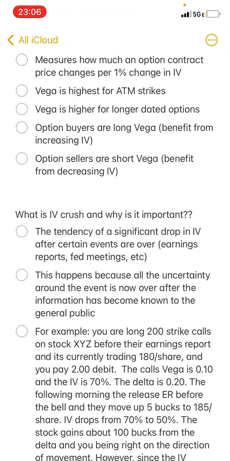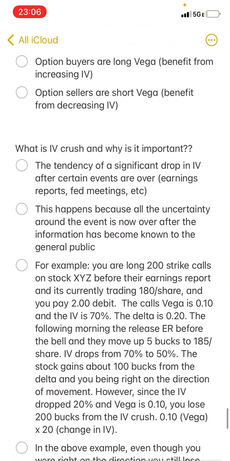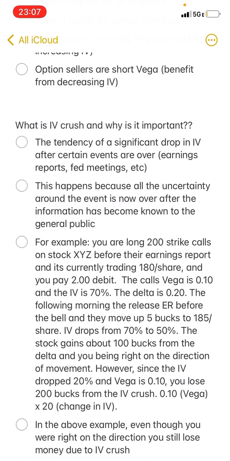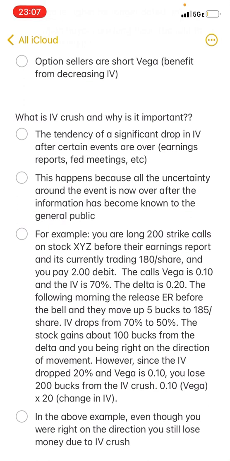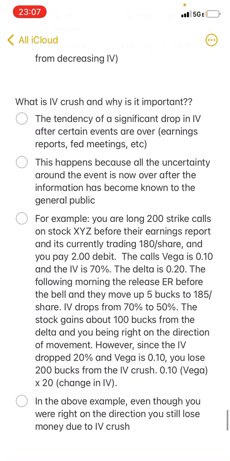So now that we've gone over all that, let's talk about IV crush. So what is IV crush and why is it important, okay? So it's the tendency of a significant drop in IV after certain events are over, okay? Earnings reports, Fed meetings, etc., like I said above, okay?